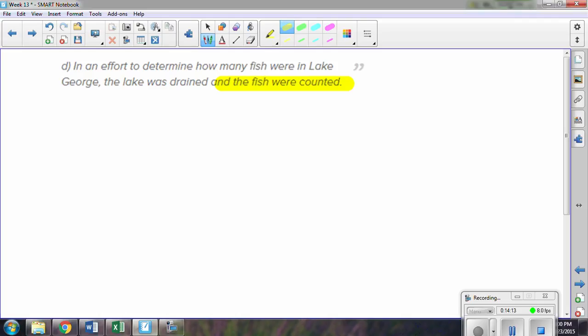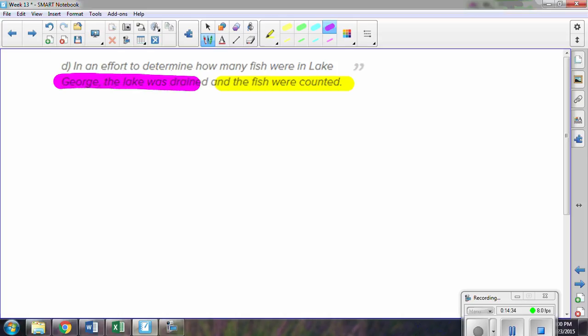From a scientific procedure, did they have a control group and an experimental group? No. Yes, they drained the lake, but they're not looking at any kind of cause or effect. They were observing how many fish there were in the lake in the only way that they possibly could. That's a lot of water.